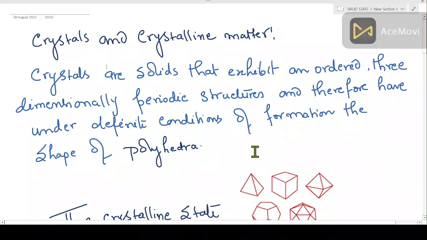Diamond is a very astonishing structure. It is not only precious and costly, it is a strange structure. We will discuss diamond in a separate lecture.